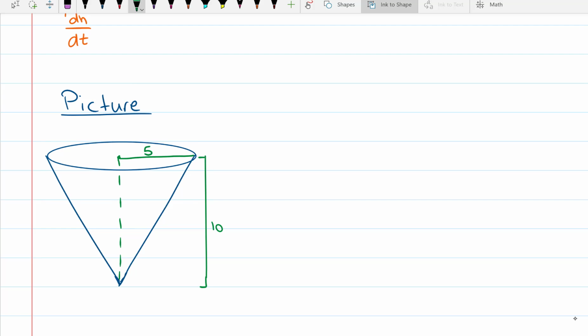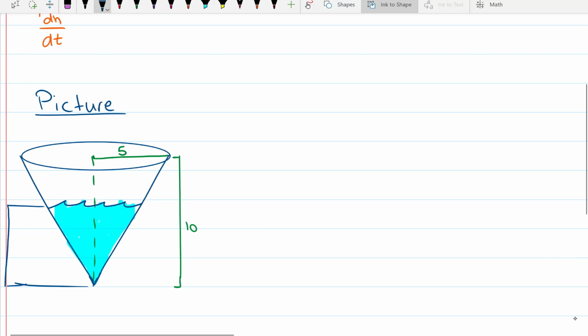We want to know when the water is 6 feet deep, so when we are about right here, when this is 6 feet, we want to know how fast is the water rising at this moment.